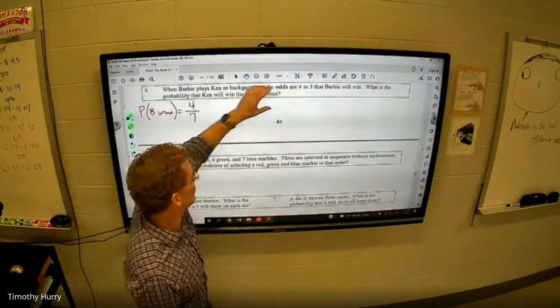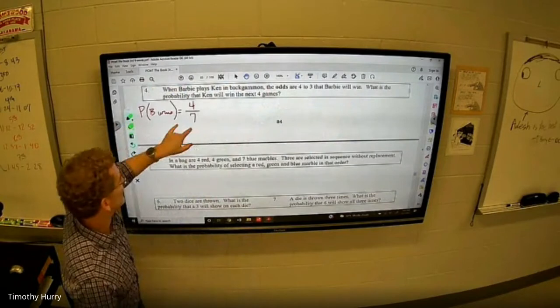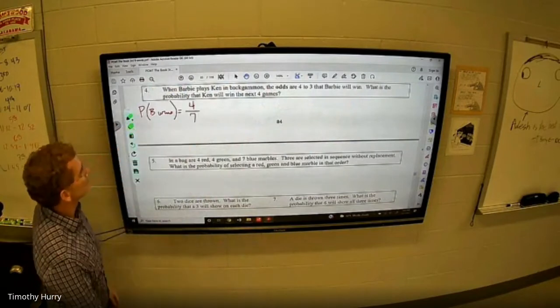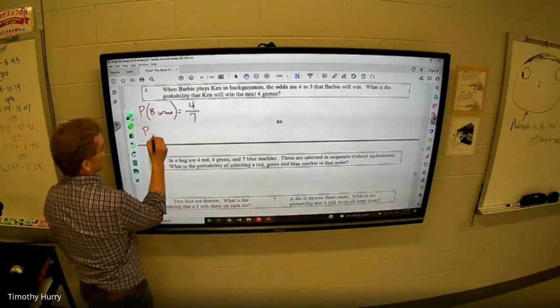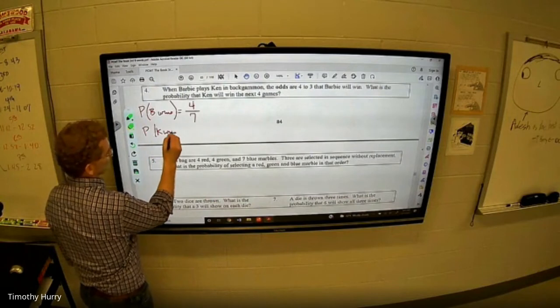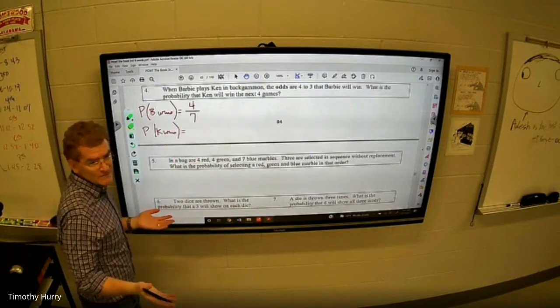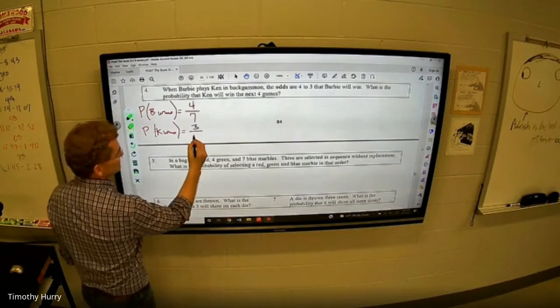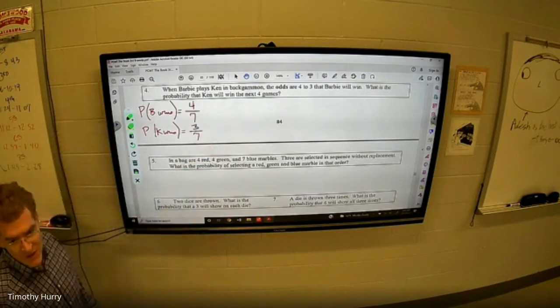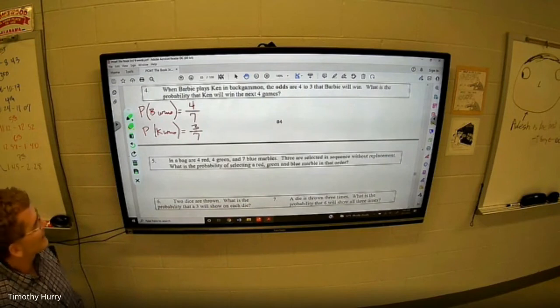The 4 is the wins, the 3 is the losses, add them up. So that's the probability that Barbie wins. Now, what's the probability that Ken wins? Well, if she wins 4 7ths of the time, what does Ken win? 3 7ths. Well, you'd have to assume that, I guess, right? Because you don't really tie in backgammon.